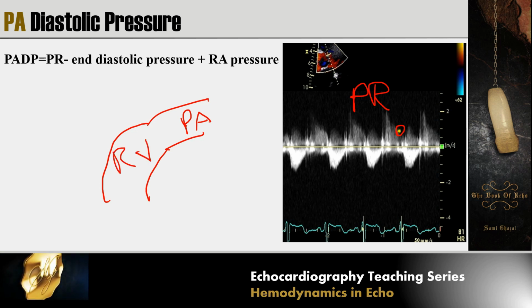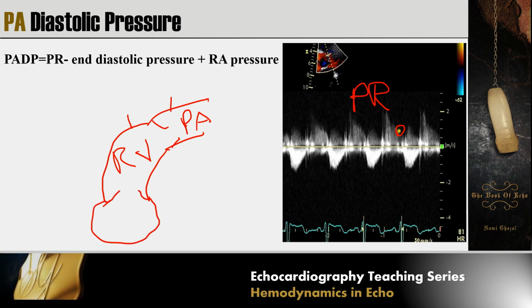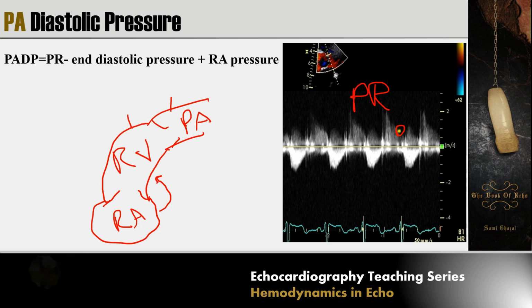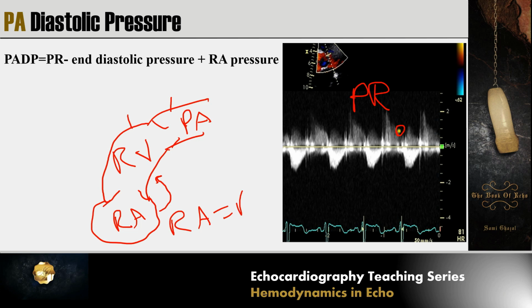So it represents the pressure difference between the PA and RV. And since it is end of diastole, where the tricuspid valve is open and there is not much flow between the RA and RV, we can use RA instead of RV-EDP, because RA pressure will equal RV-EDP.